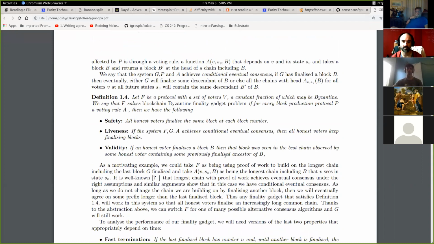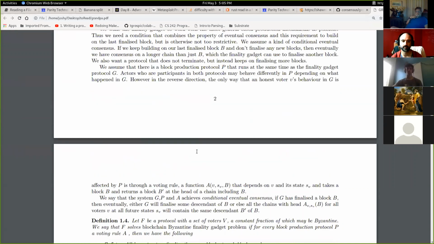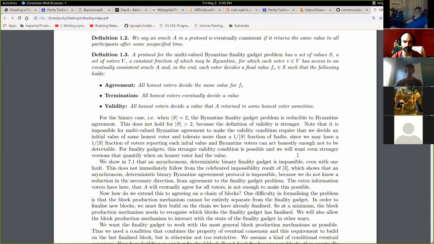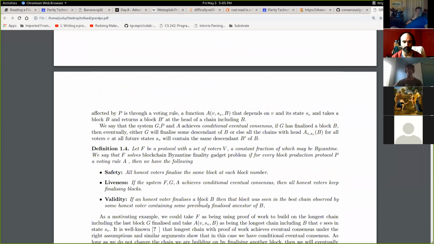So I think this is really similar to: all honest voters decide on a value that the oracle returned to some voter at some time. So if we finalize B, that means if we decide on B, then earlier we said that B must have been given by the oracle to someone at some time.